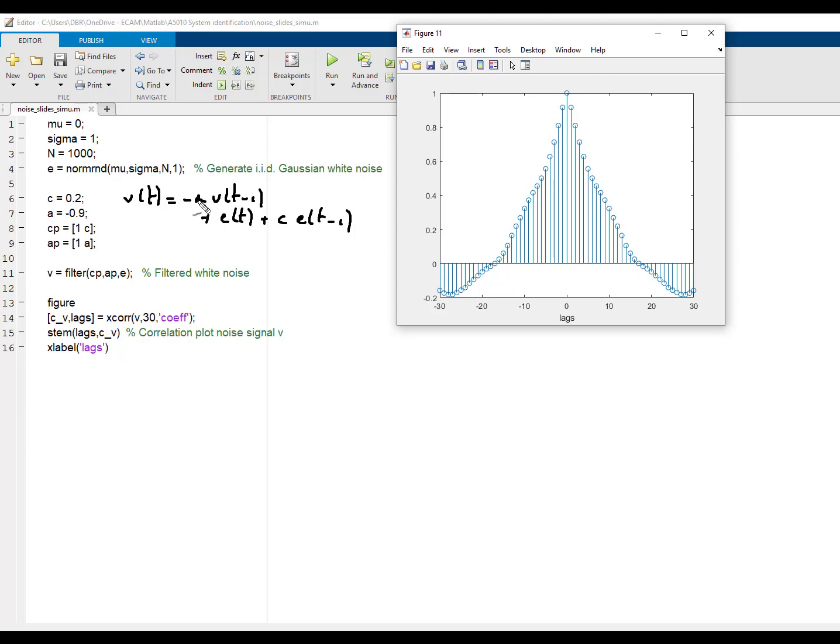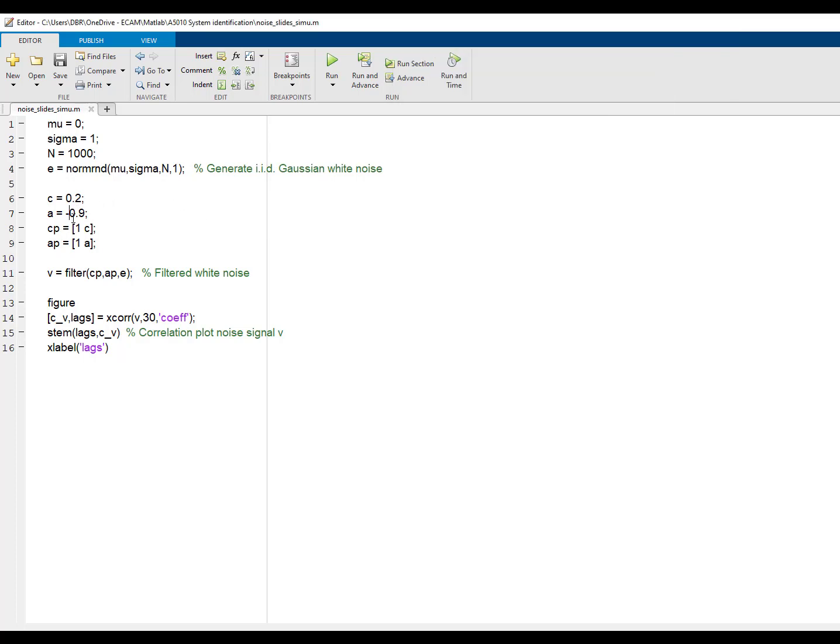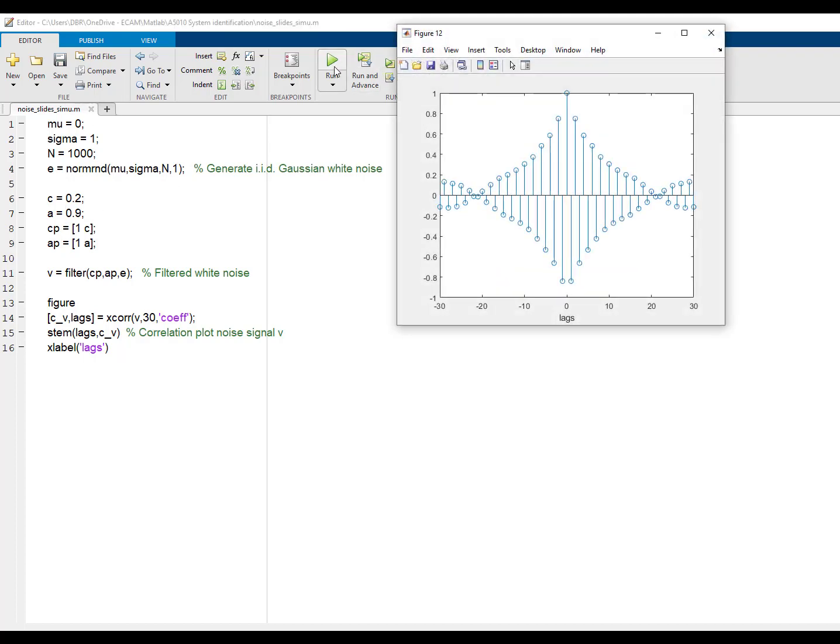So we can also have a look at what happens if we put a positive value over here. Then we'll have something that looks like this, and again this can be explained through the fact that v(t) here is now minus a v(t minus 1), and this is now a negative number.